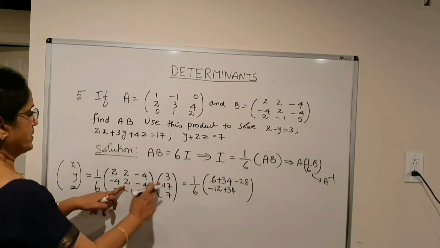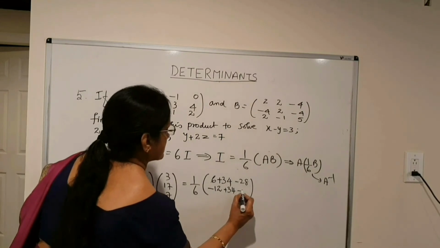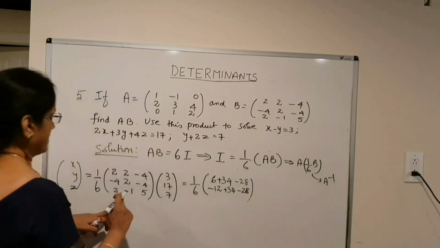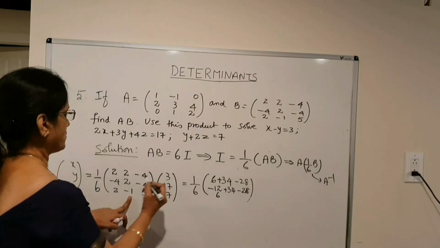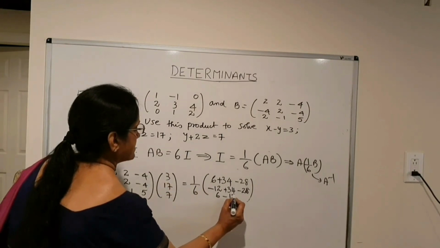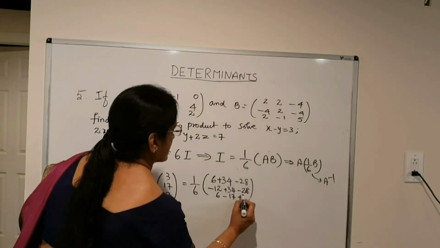Then 2 into 17 plus 34. Minus 4 into 7 minus 28. Then 2 into 3, 6. Minus 1 into 17, minus 17. 5 into 7, 35, plus 35.